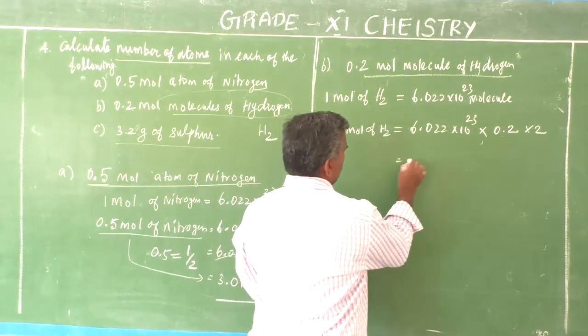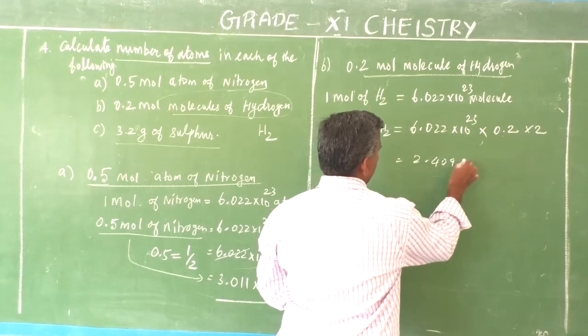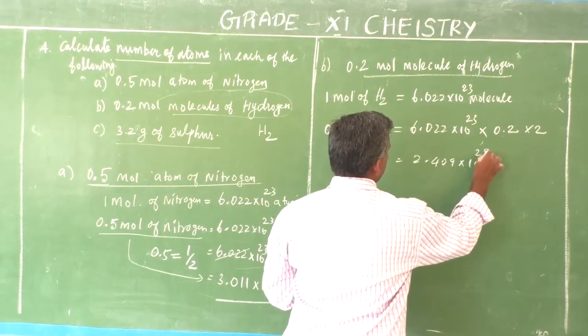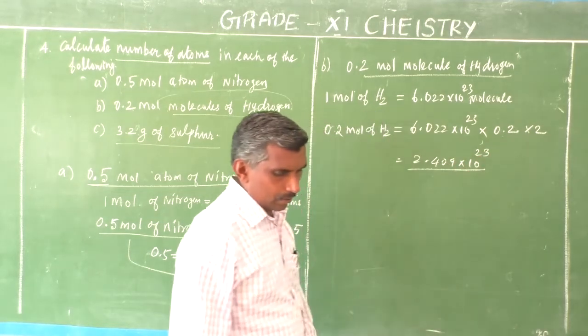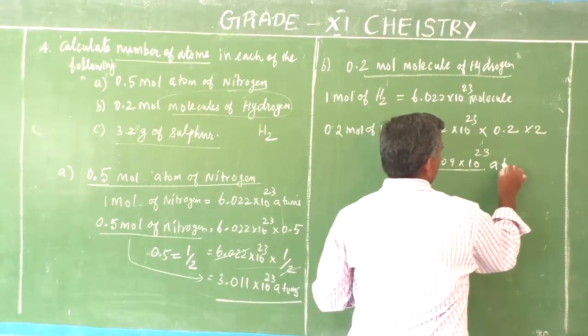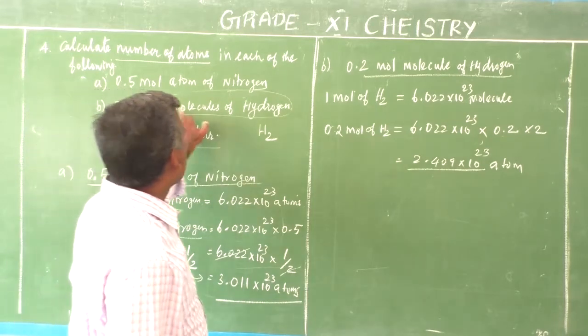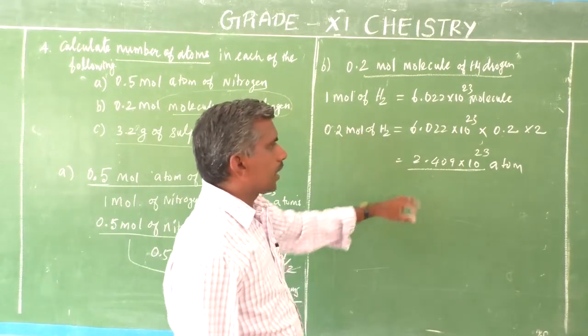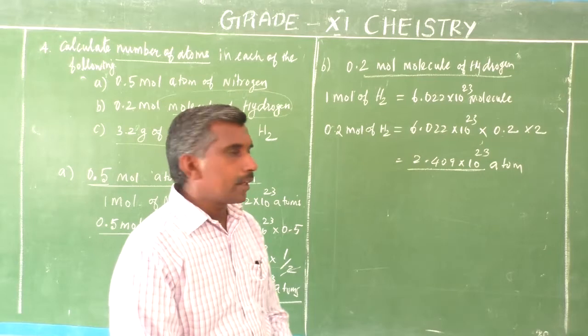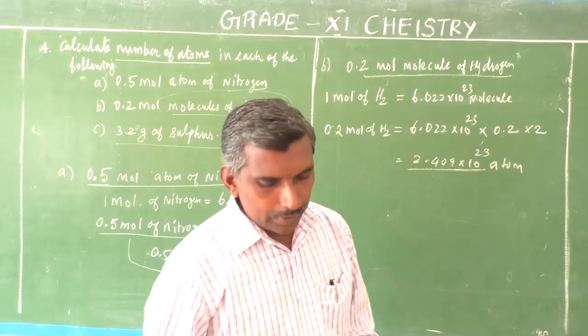What is the answer? 2.409 into 10 power 23 atoms. This is the answer. 0.2 mole of hydrogen molecule is equal to 2.409 into 10 power 23 atoms.